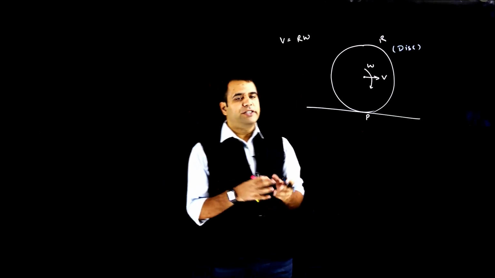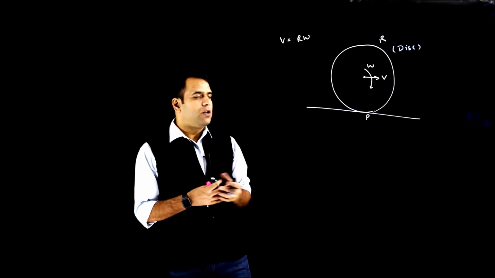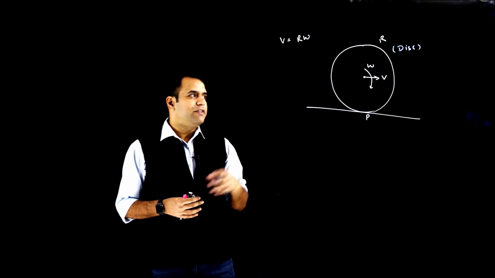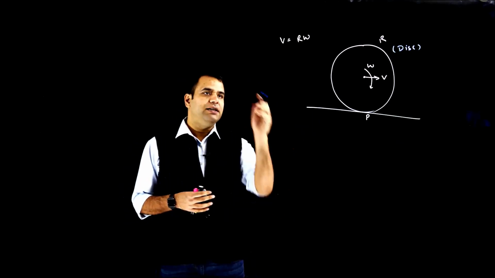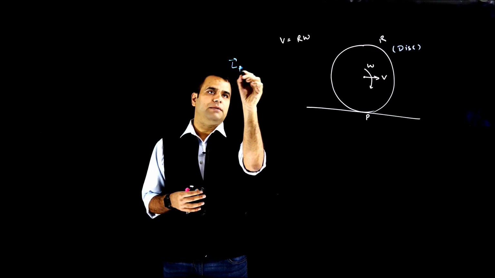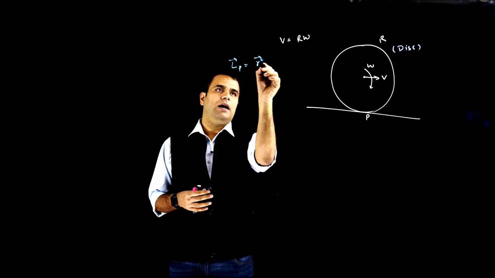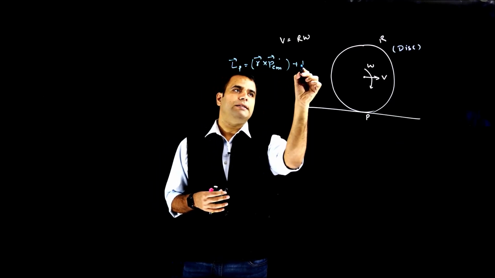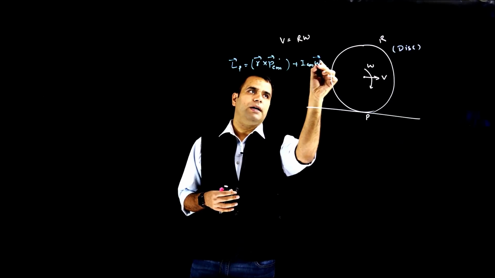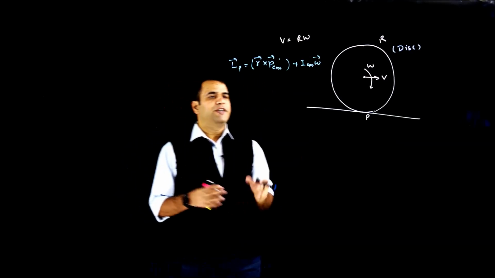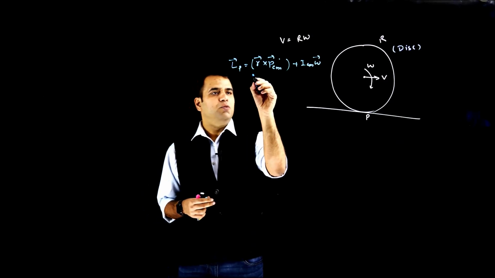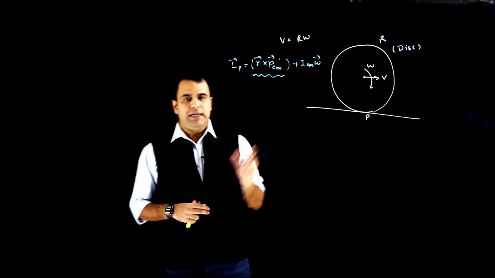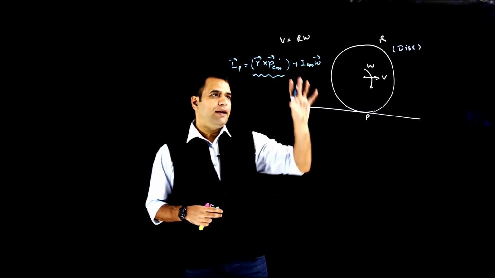If you see, this disk is not hinged at all, and this point P is outside of the disk. So if the disk is not hinged, we have a formula to calculate the angular momentum, and that formula is R cross P_CM plus I_CM omega. First we calculate the moment of linear momentum about the axis, assuming the rigid body is a point mass.